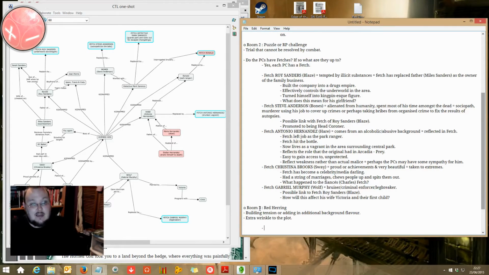So I think it'd be a good idea to have another Fae, or perhaps another Changeling, who is creating these fetches for him and is effectively in the employ of the Horned God.